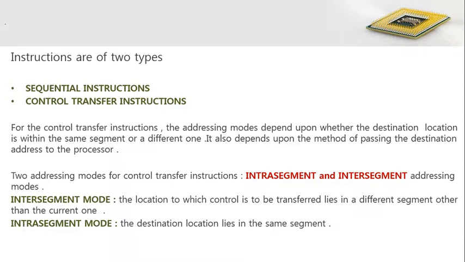Sometimes we need to transfer the control inside the same segment, and sometimes to some other segment. Based on that we have two types of addressing modes for the control transfer instruction, that is intra-segment addressing and inter-segment addressing.